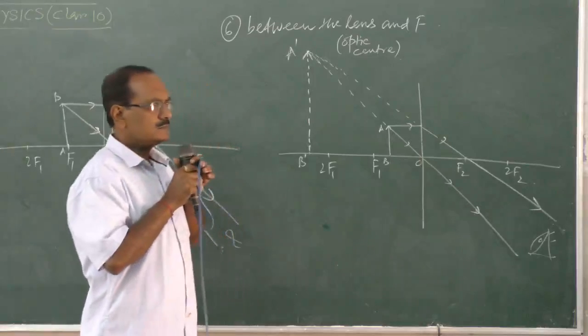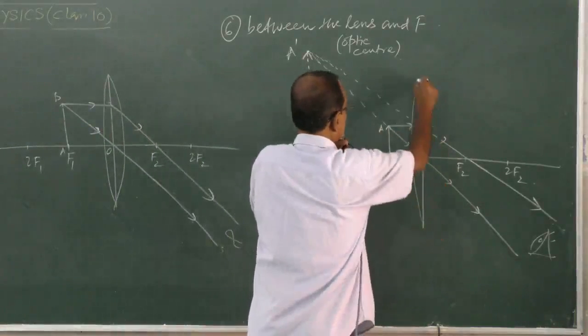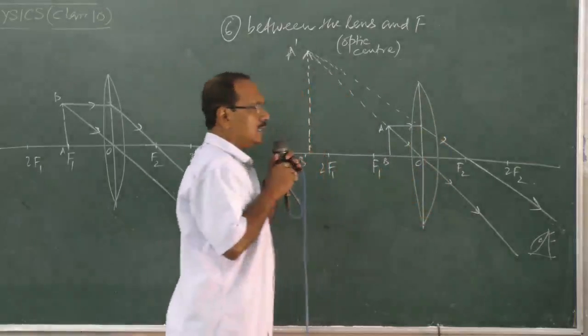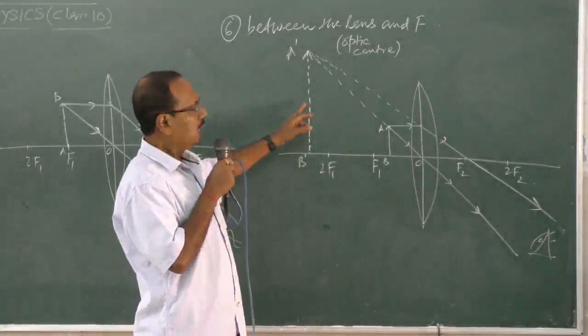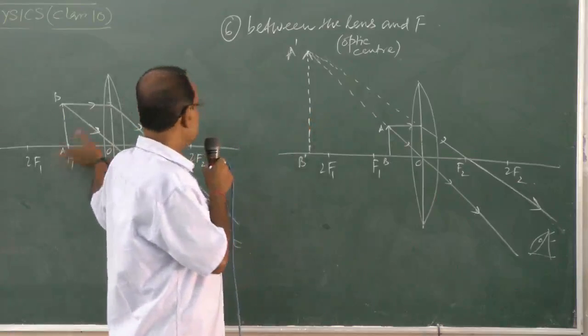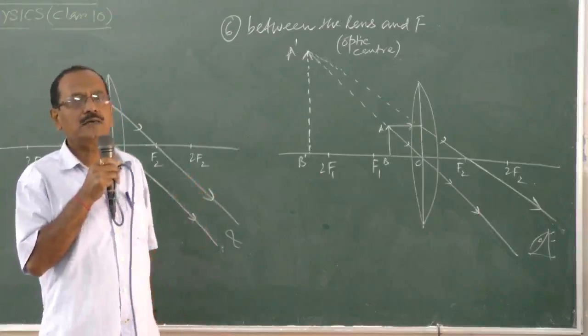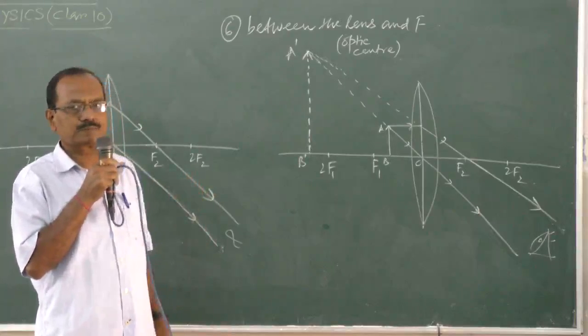Now, then mark the lens. Now here you see, I have marked the image by dotted line, but in all other cases I have marked by continuous line.